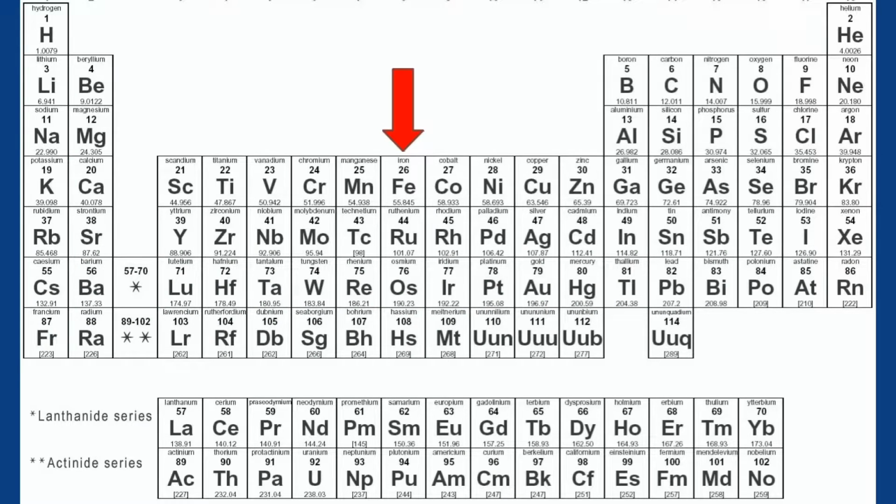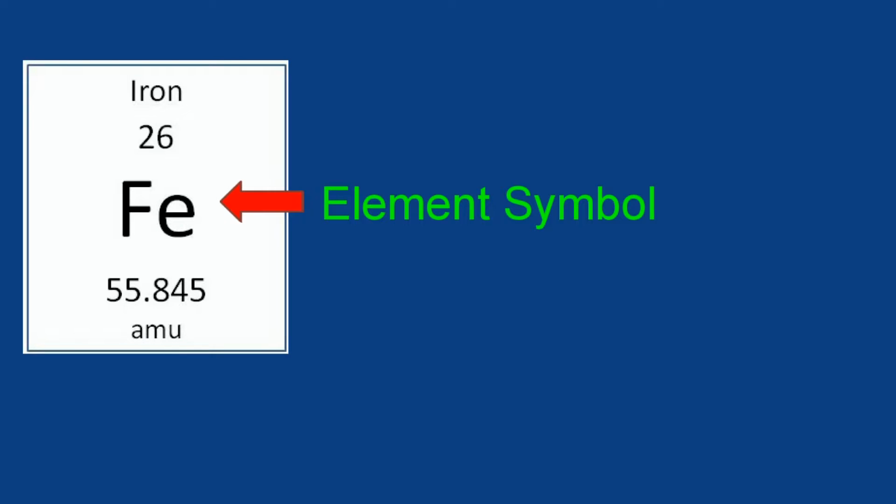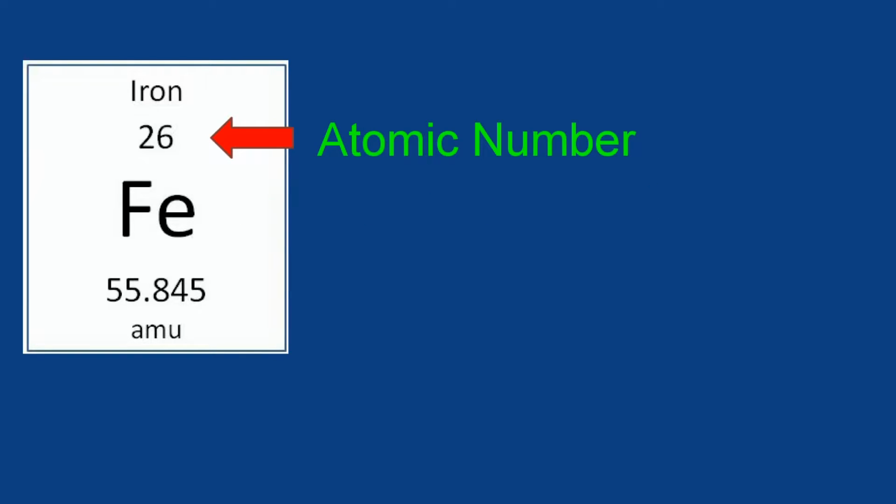This time, we will choose the element iron. The element symbol is capital F, small e. The atomic number is 26, which means we have 26 protons in the nucleus of every iron atom.